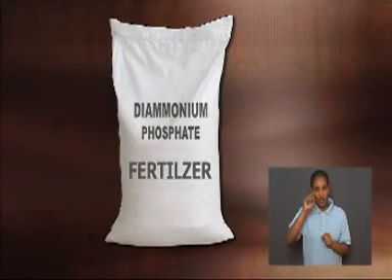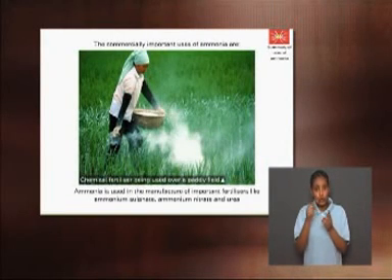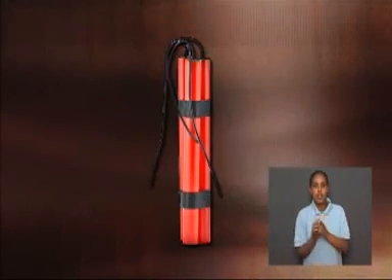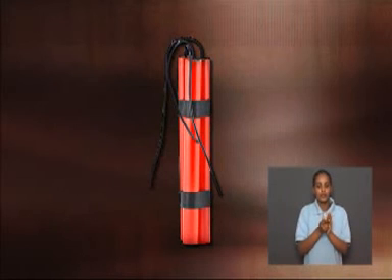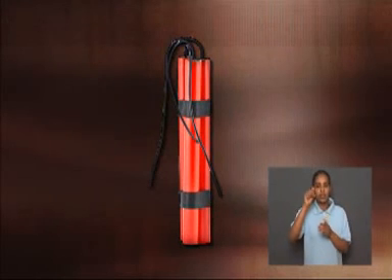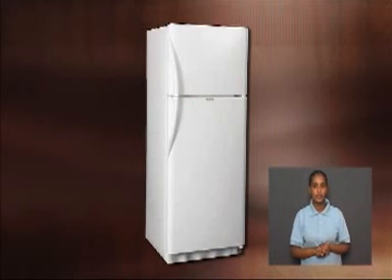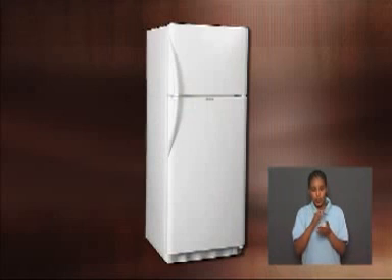Ammonia is mostly produced to make fertilizers, but it is also used to make explosives such as nitroglycerin, nitrocellulose, and trinitrotoluene, or TNT. Ammonia has also been used as a cooling liquid in refrigerators.